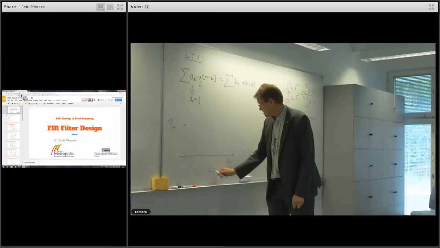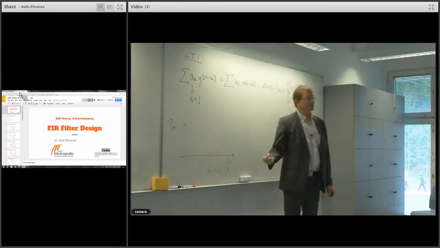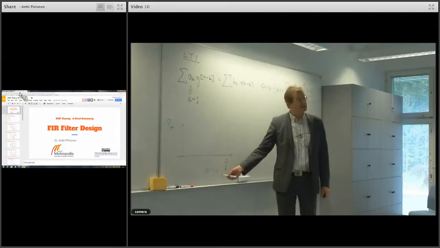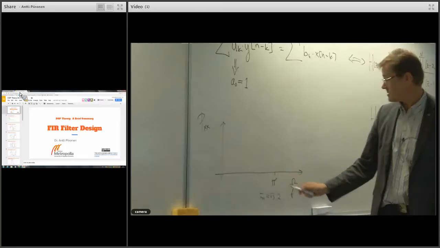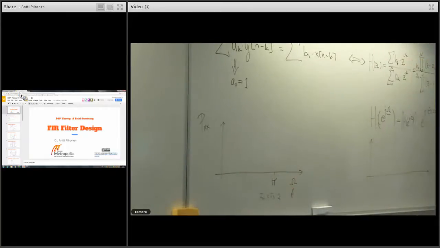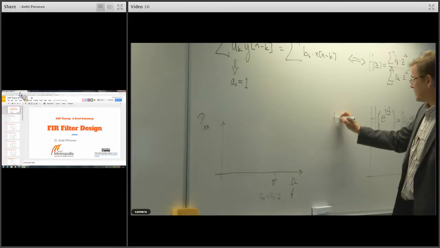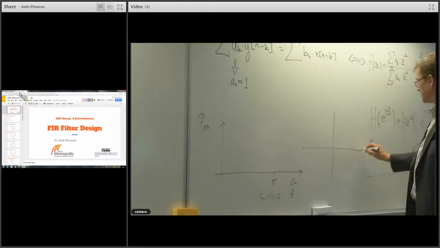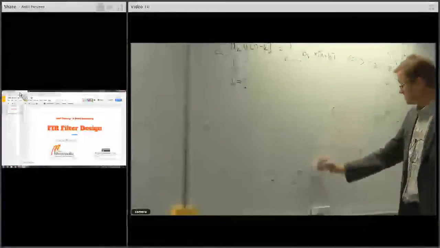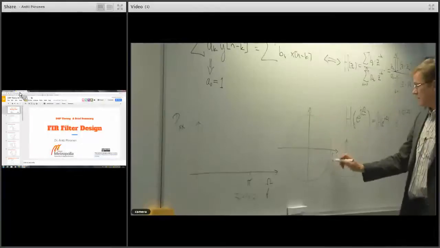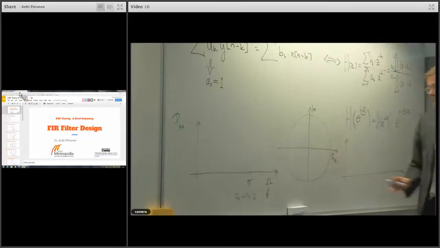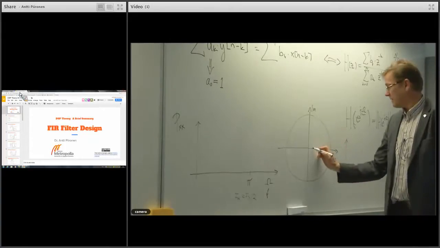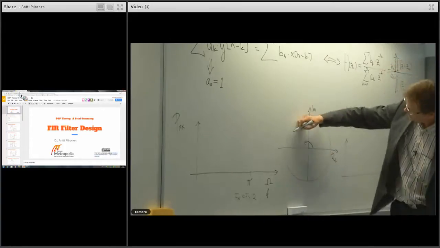So for example, for a 2 kilohertz sampling rate, this would be 1 kilohertz. That's actually the same point as our angular frequency omega equals pi. Where does that pi actually come from? Let's draw the complex plane, imaginary part, real part. And that omega could be, for example, here.